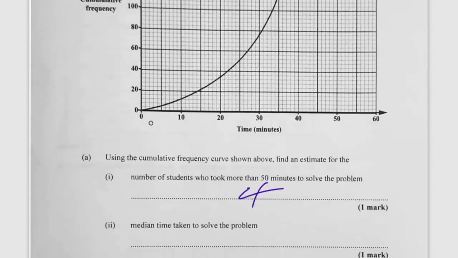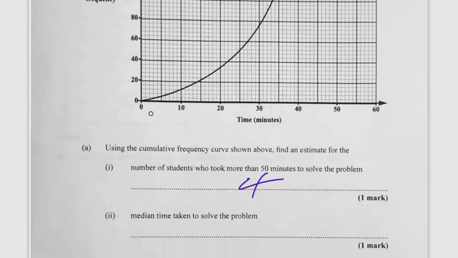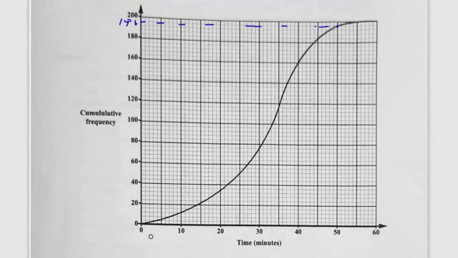The median time. To get the median, we find half of the cumulative frequency. The cumulative frequency goes up to 200, half of that is 100. So we draw a line from 100 until it meets the graph, and then we come down with it to the corresponding value on the x-axis, the time axis.